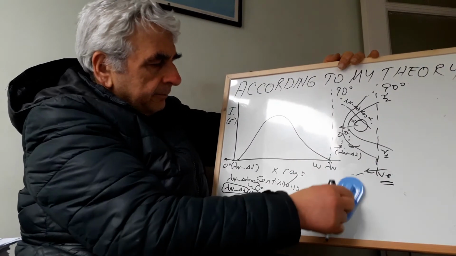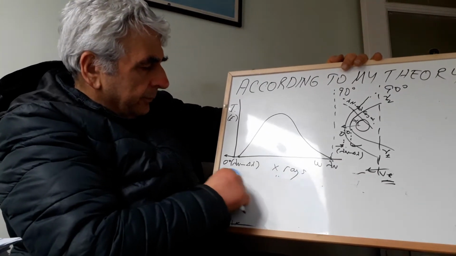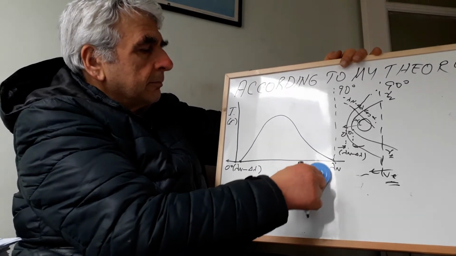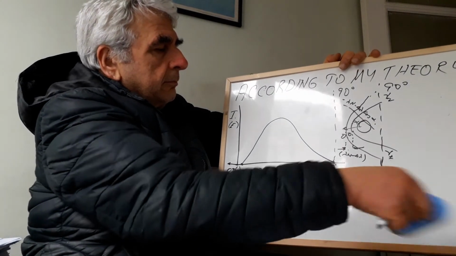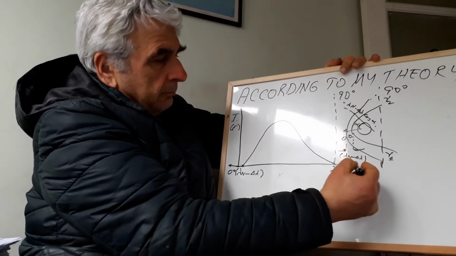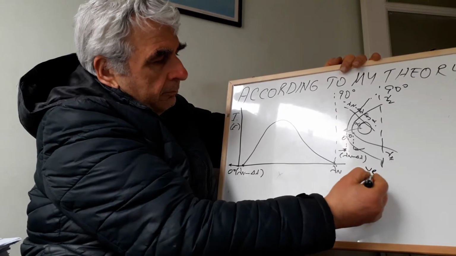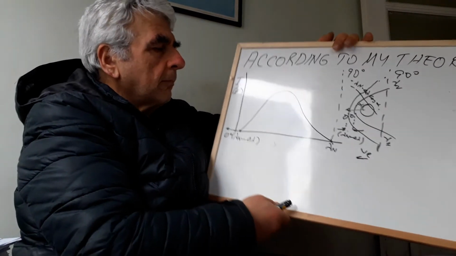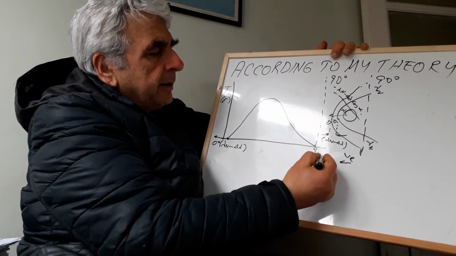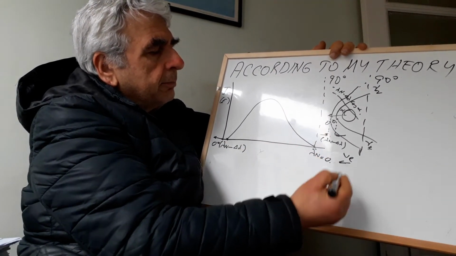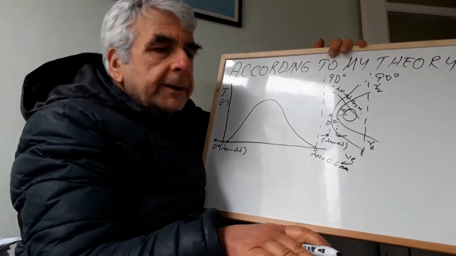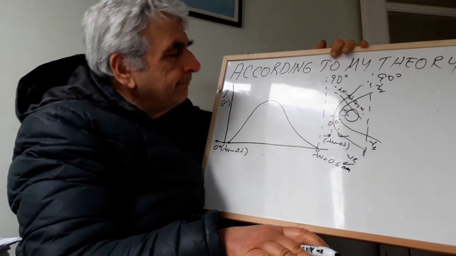Again, I don't want to confuse your mind now. Say, for instance, lambda n equals 0.6 nanometer.